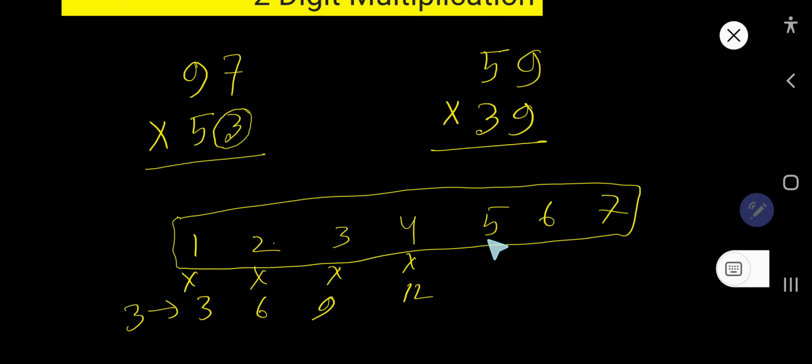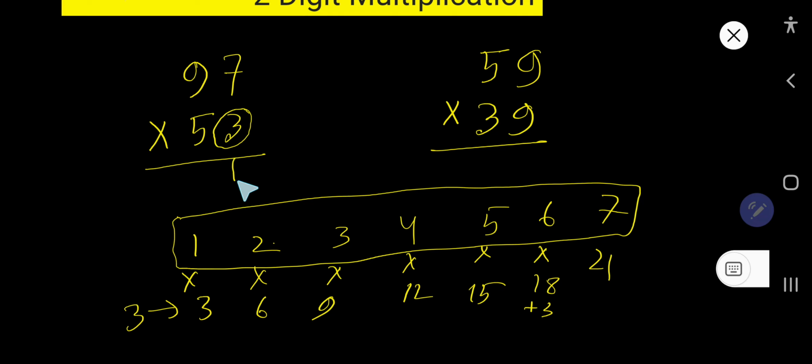You need to go up to 7. 3 times 5, just add 3, that is 15. 3 times 6, just add 3 to this 15, 18. 3 times 7, just add 3, 21. That is 3 times 7, 21.